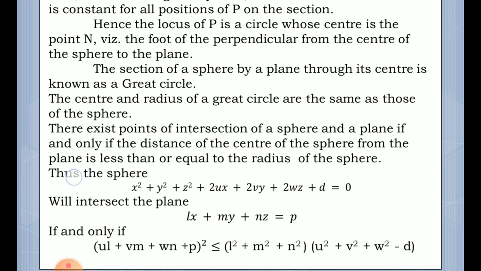Now, a sphere and a plane intersect if and only if the distance of the center of the sphere from the plane is less than or equal to the radius of the sphere.